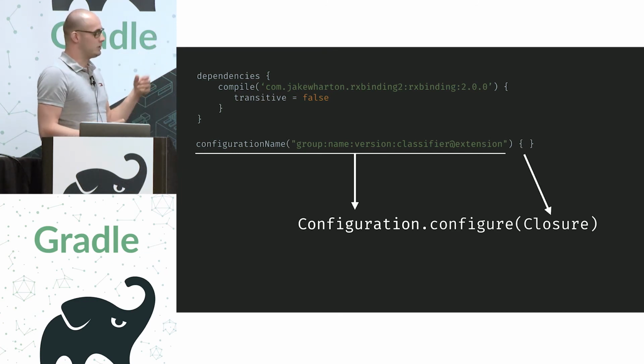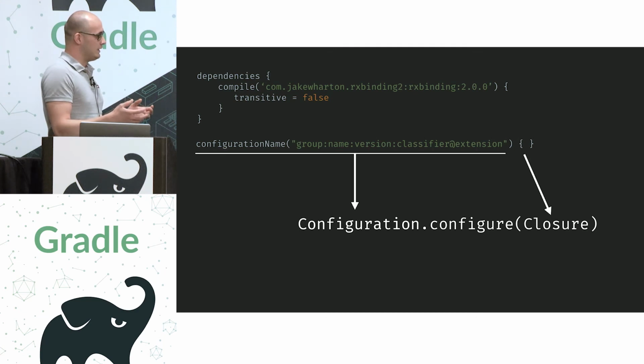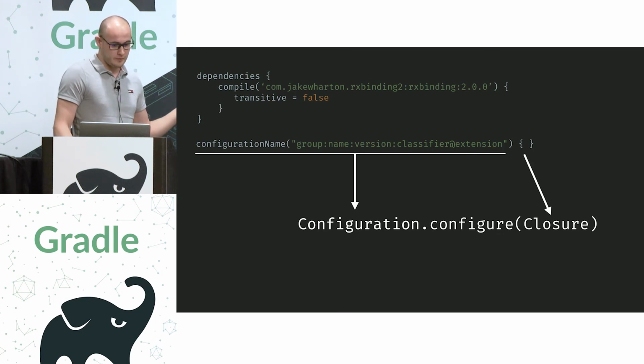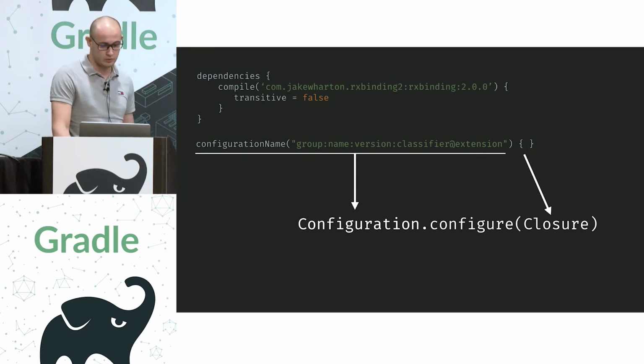And it's because there's no method compiled that accepts two parameters. There's one method compiled that accepts the string, and it creates an object which has a configure method that accepts the closure. So if we drop the parentheses, then it would be an ambiguous call, so we wouldn't know what's going on.